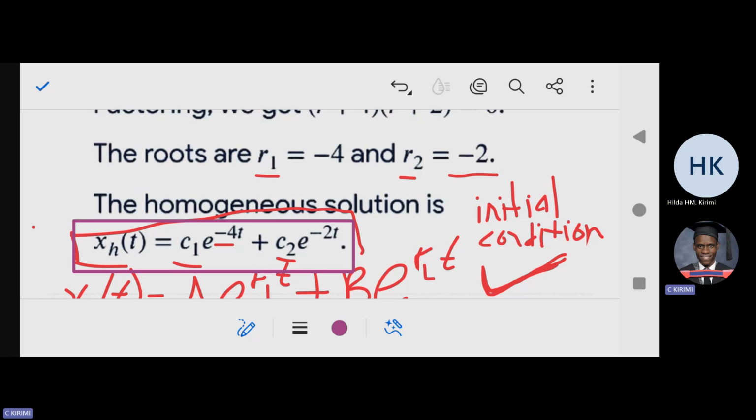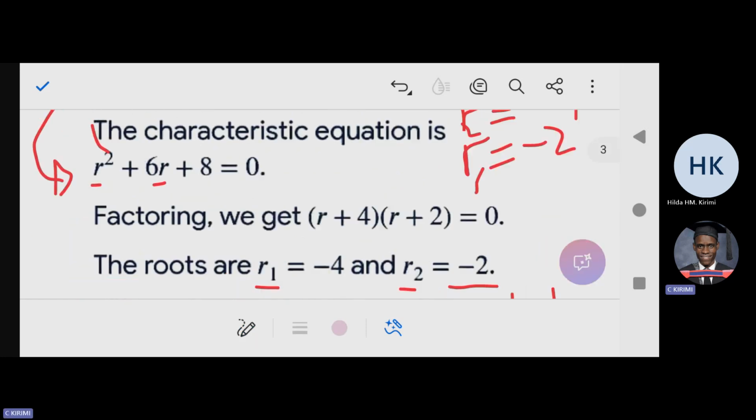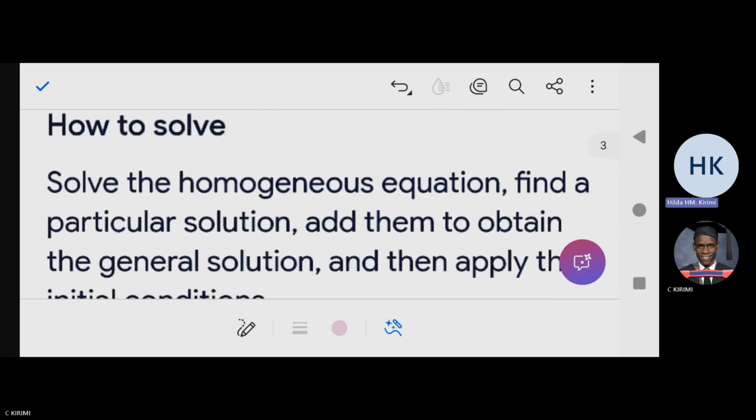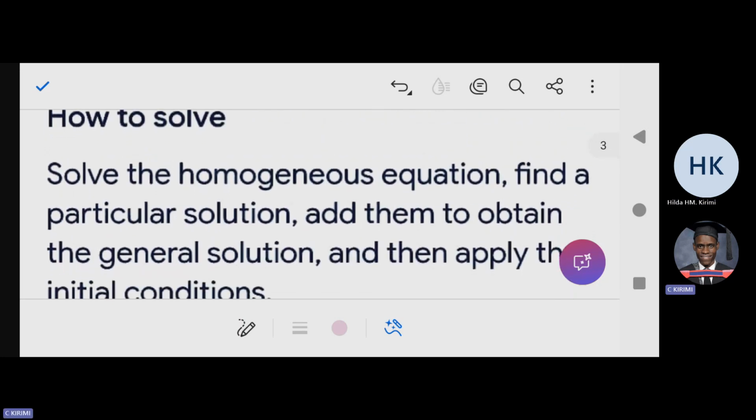So we are going to join these two equations. Why are we joining these two equations? Because from our definition, it says solve the homogeneous equations, find the solution, find the particular solution, add them to obtain what? The general solution.